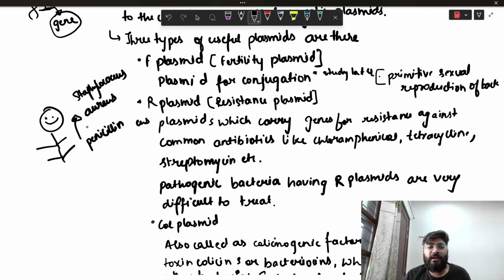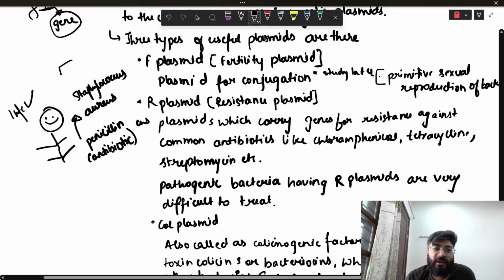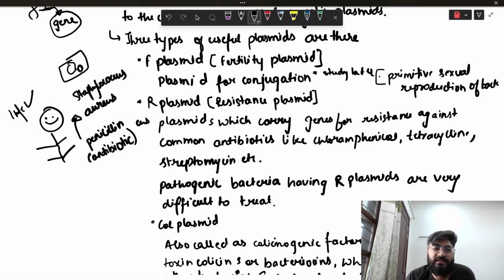We know antibiotics are known to kill bacteria, so theoretically it should work: penicillin is going to kill that Staphylococcus aureus bacteria and the infection will be gone. But what can happen is that this bacteria may have a plasmid which has antibiotic resistance against penicillin.